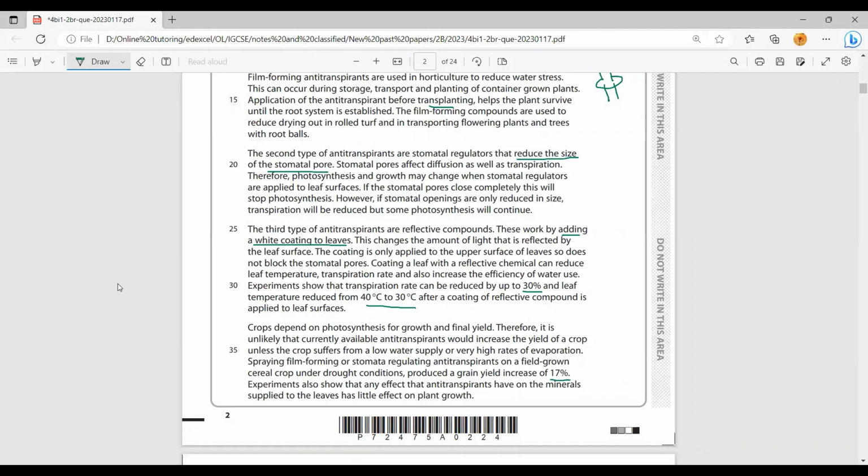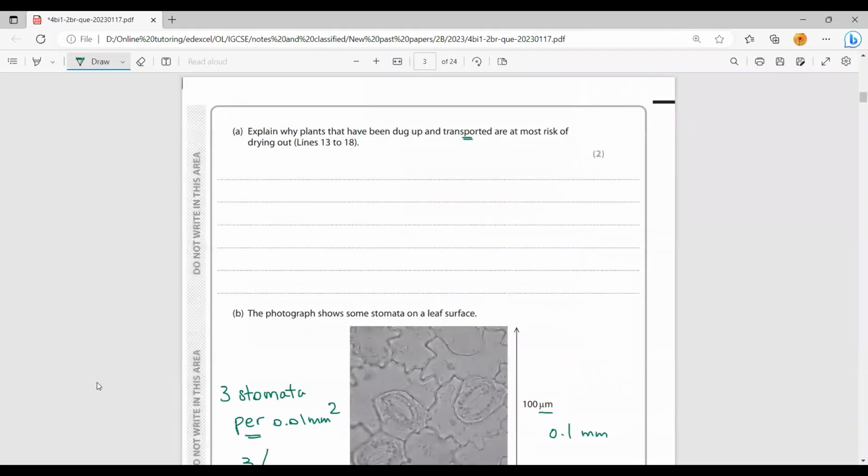Miss, because stomata are on the lower surface, so the stomata are not blocked by the reflective compound, so it can absorb carbon dioxide for photosynthesis. Yes, but you should say the stomata are mainly on the lower surface, because actually there are few stomata on the upper surface. But of course most of the transpiration happens from the stomata on the lower surface. Okay.